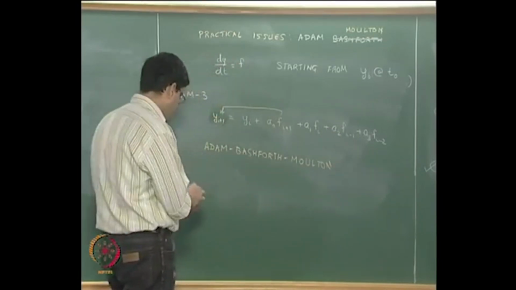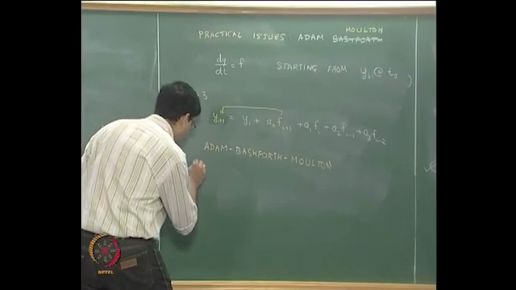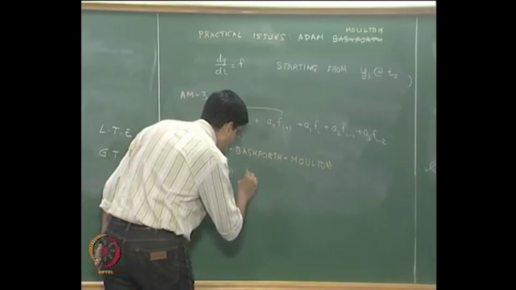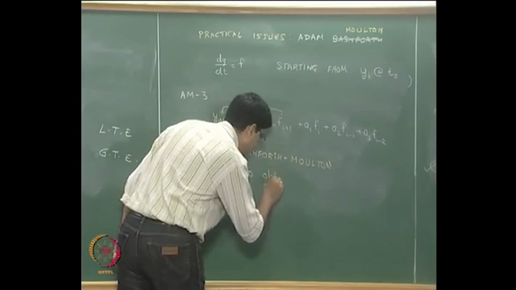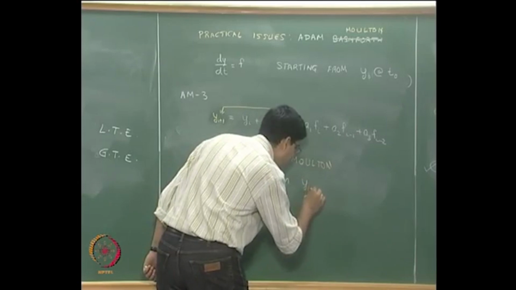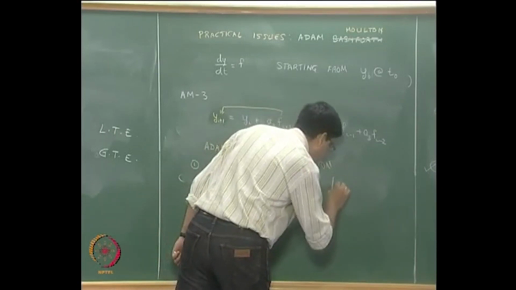So what we do in the Adams-Bashforth-Moulton method is first use AB4 to obtain y i plus 1 superscript 0.